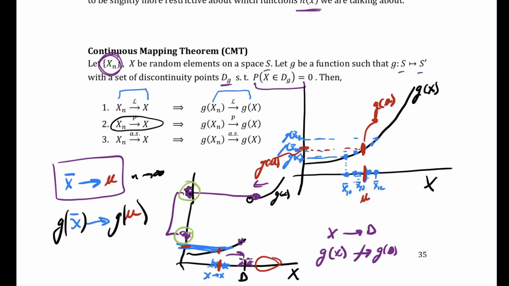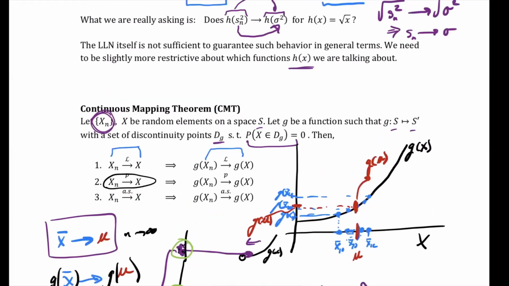And so this is a problem. Basically, as long as the function that you're using is nice and smooth, we're all good to go. You can just go on and apply functions all over the place.